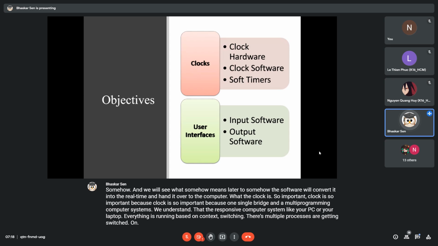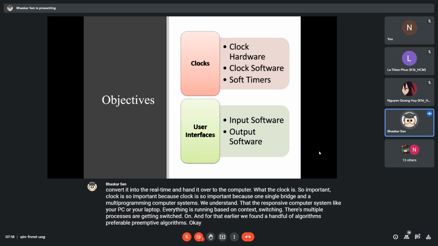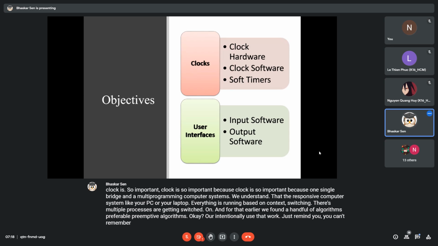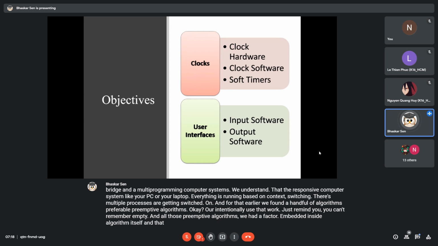And for that, earlier we found a handful of algorithms, preferably preemptive algorithms. I intentionally use that word just to remind you, if you can remember, preemptive algorithms. In all those preemptive algorithms, we had a factor embedded inside the algorithm itself, and that was time, or quantum, a slice of time.